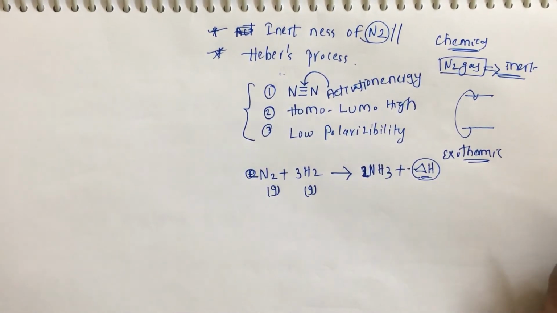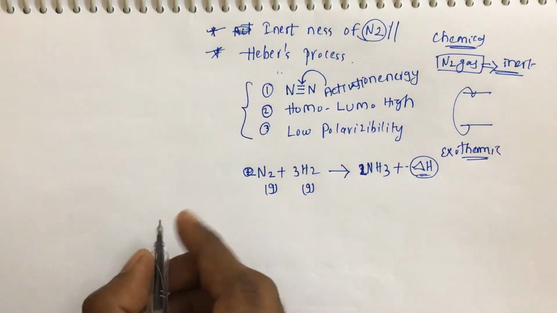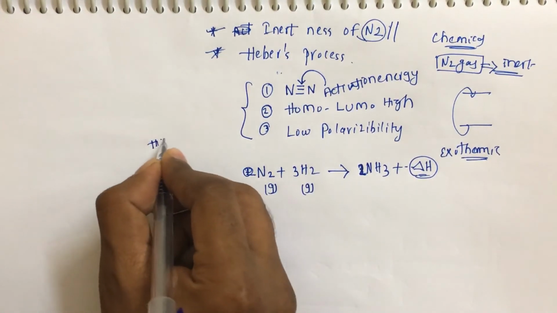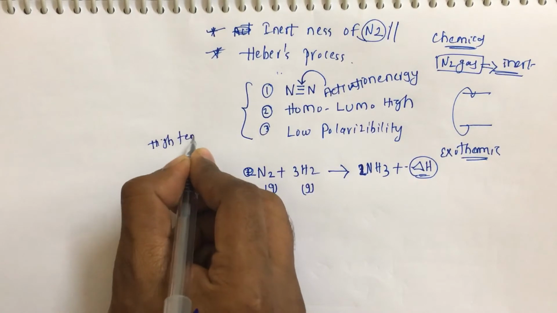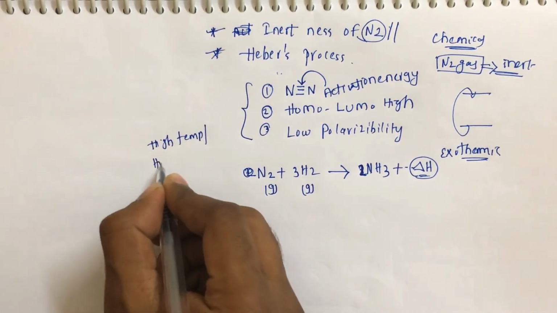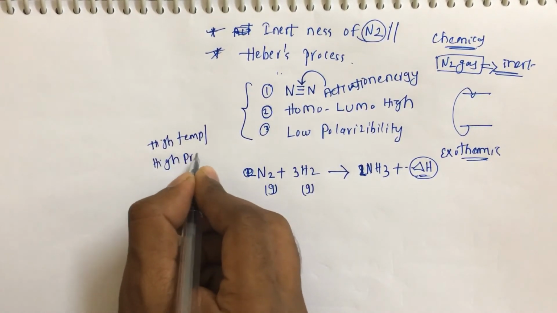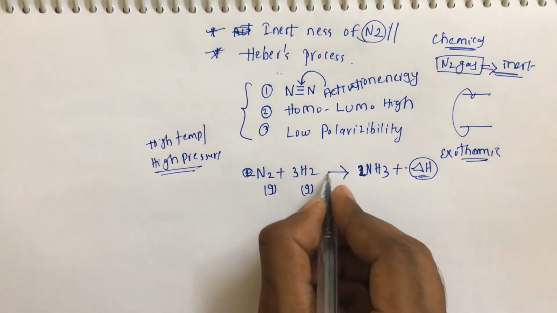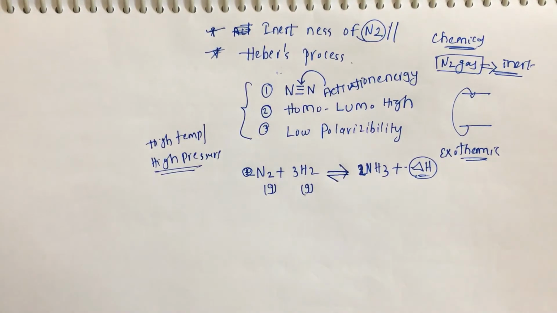This is an exothermic reaction. Now the question is, we are using high temperatures and high pressures in the Haber's process. Another thing we need to remember, this is a reversible reaction.